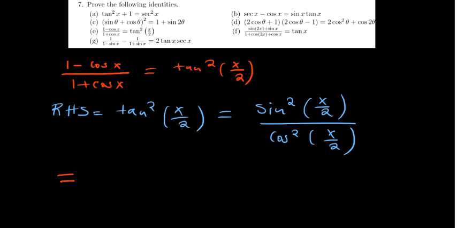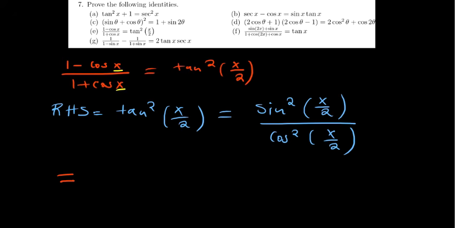Since we have x over 2, it is like the half angle. So this is where the half angle formula comes into the picture. We've previously talked about the half angle formula, so I don't know if you're able to remember it.